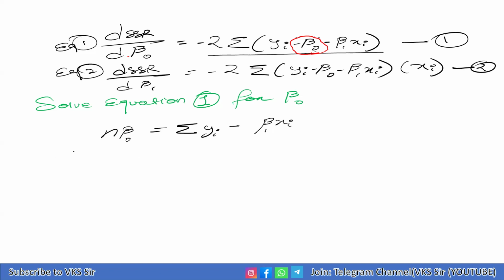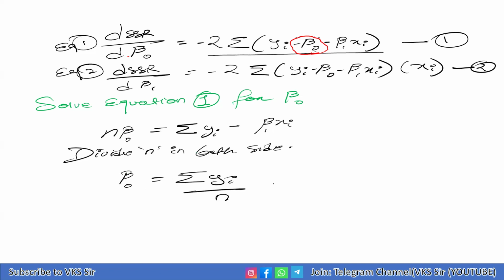If I divide by n on both sides, then it becomes: beta naught is equal to the sum of yi divided by n, minus beta 1 times the sum of xi divided by n.